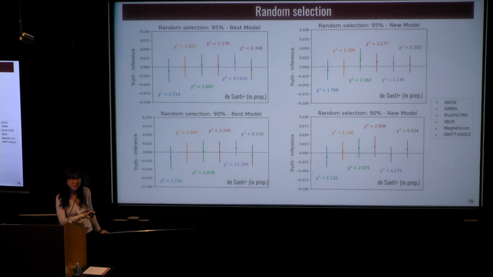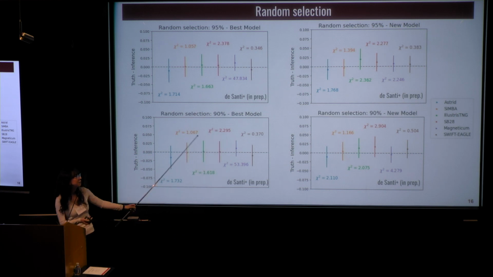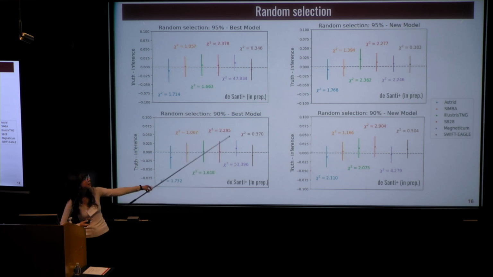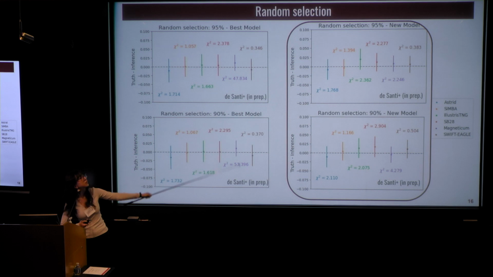So you can see that our best model trained with all the galaxies kind of works, considering this removal of 5 or 10% of the galaxies. However, one more time, when we retrain the model considering these new catalogs, these models are better. And especially, this is even worse for Magneticum, but when we retrain the model, the results are better.